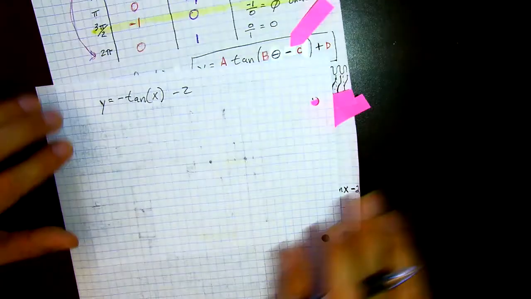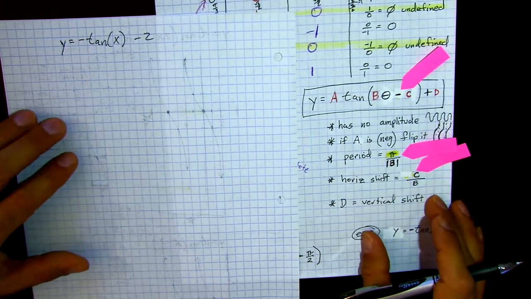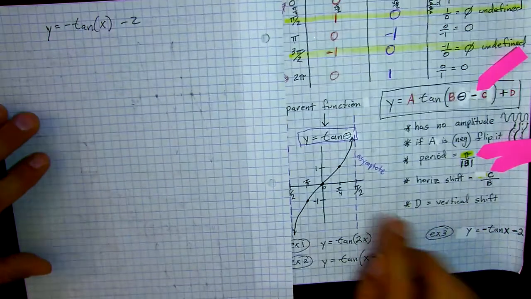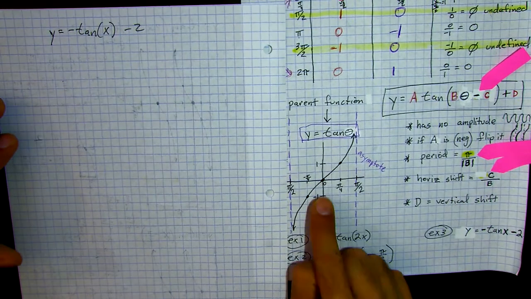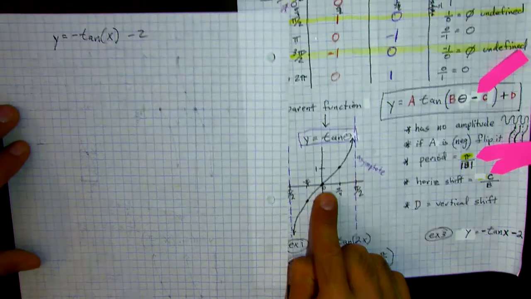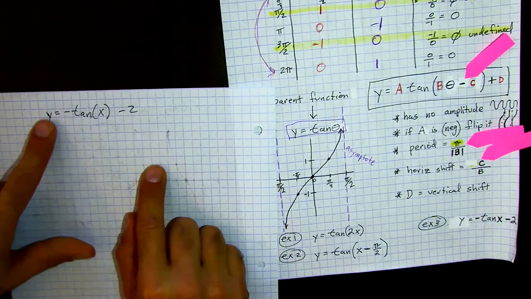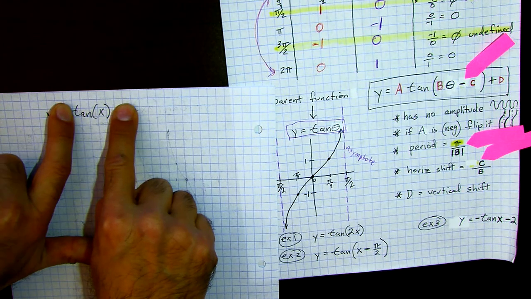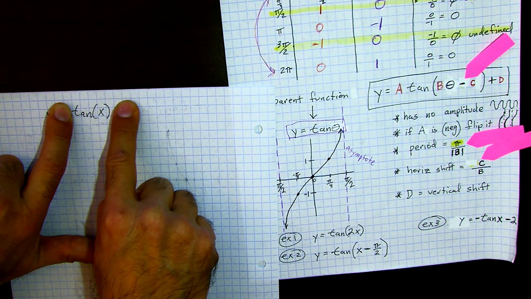Okay, so remember that we're always relating this, right? Because look, the parent function right here looks like this. Now, comparing, if I cover this up and I cover that up, if I cover up the negative and I cover up this -2, that is the parent function.